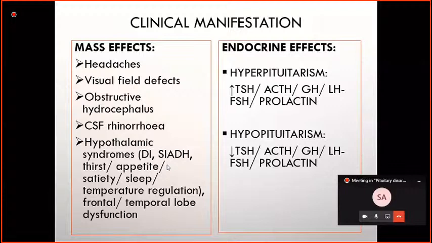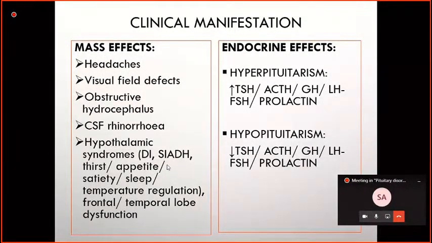Any compression at the pituitary stalk has the same effect as a hypothalamic deficiency, because the hormones cannot drain into your pituitary.